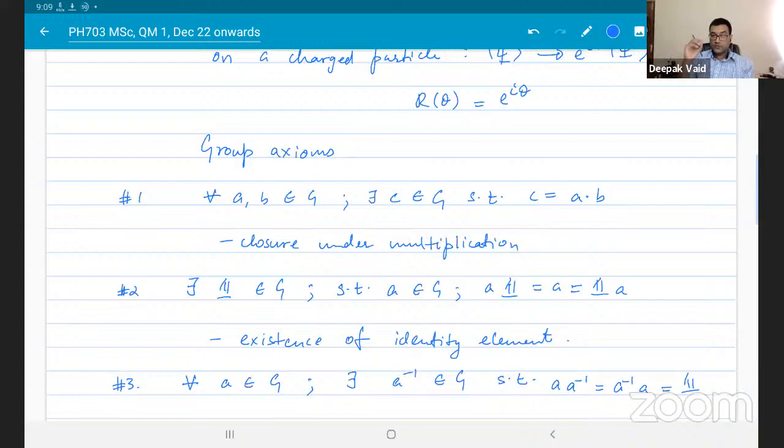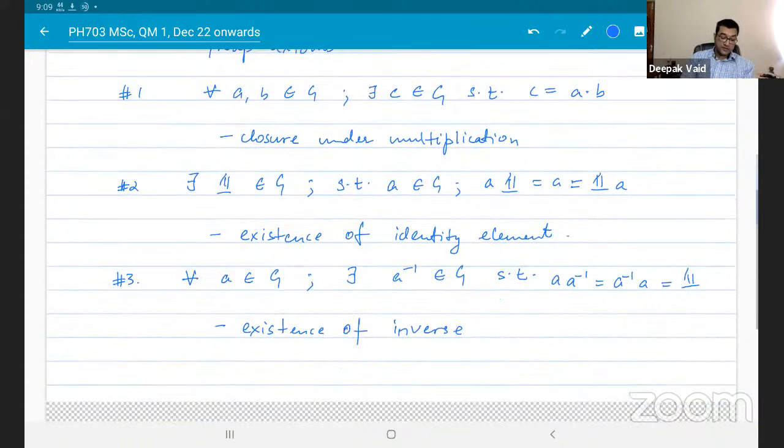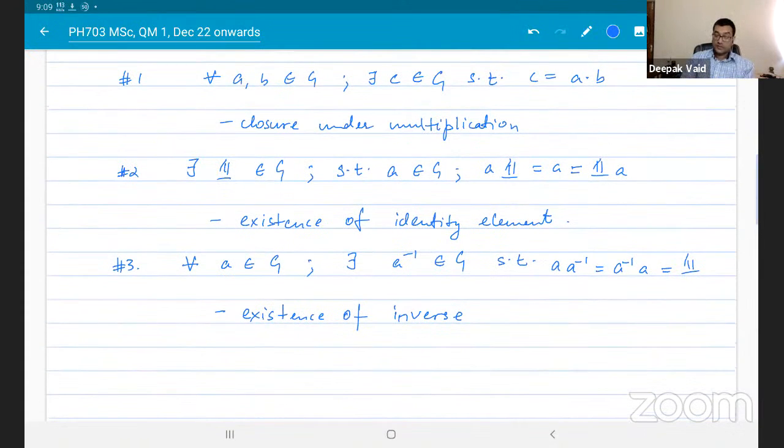In the same way, you need the minimal amount of group theory to apply to physics problems. I'll talk more about this in our next class tomorrow, and right now I'll stop because we have had a long enough class.